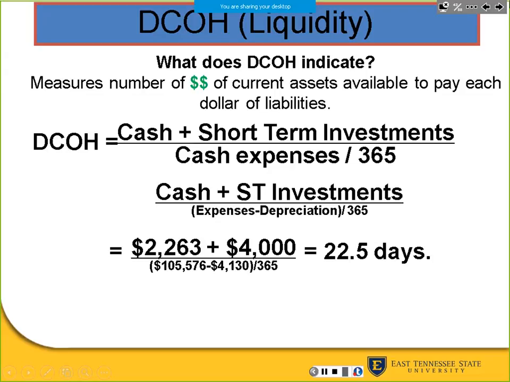So we want to take the depreciation out, 4,130. We're going to take that number divided by 365, and then take this entire number and divide it by what we get up here. And we should get 22 and a half days. If anybody's doing the calculation, did you come up with 22 and a half days?